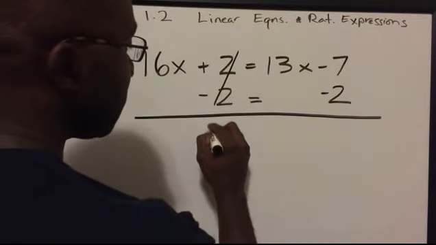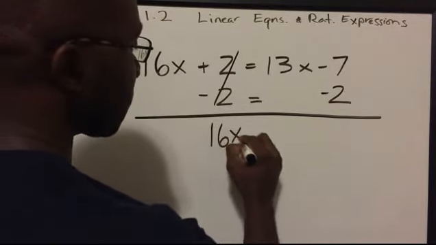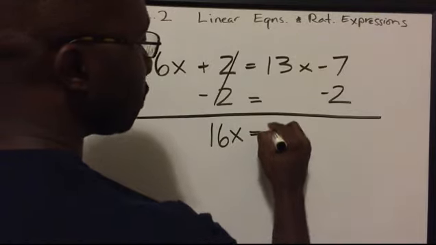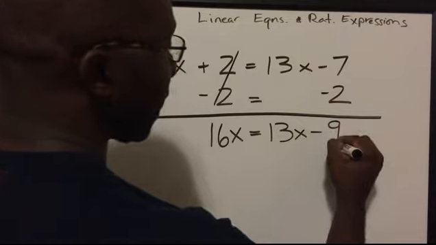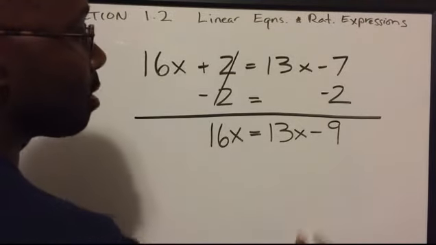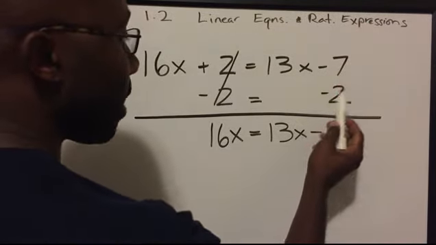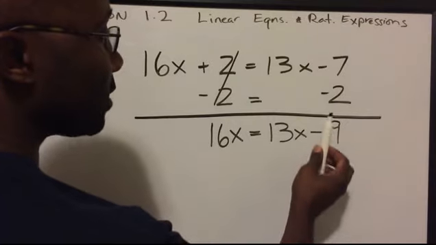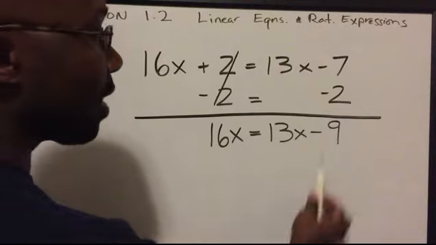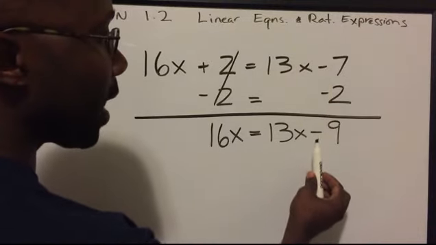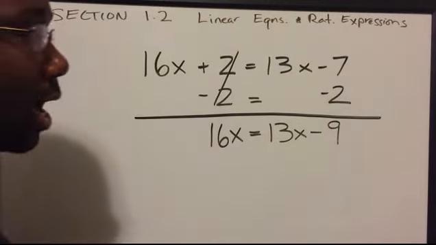So now we have 16x is equal to 13x minus 9. Why is this minus 9? Because we have a minus 7 and a minus 2. Minus 7 and minus 2, we add both of those together and it takes on the sign that's common to both of them, which is minus. That's why we have minus 9.